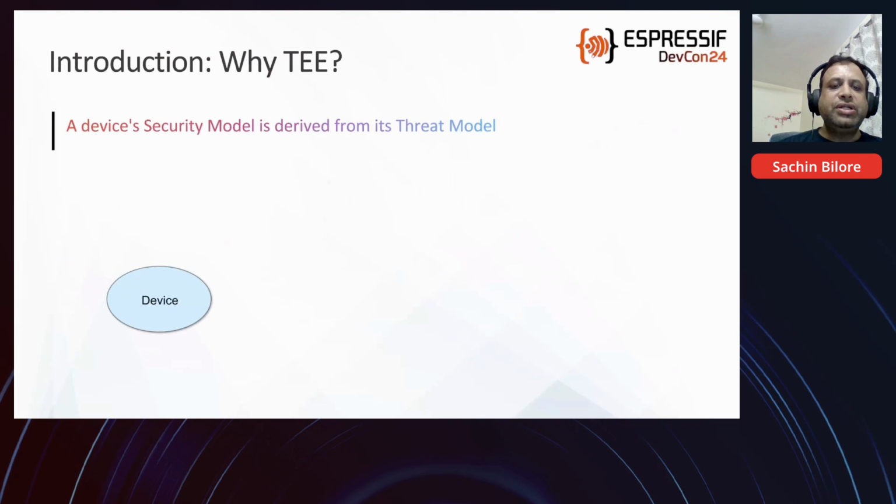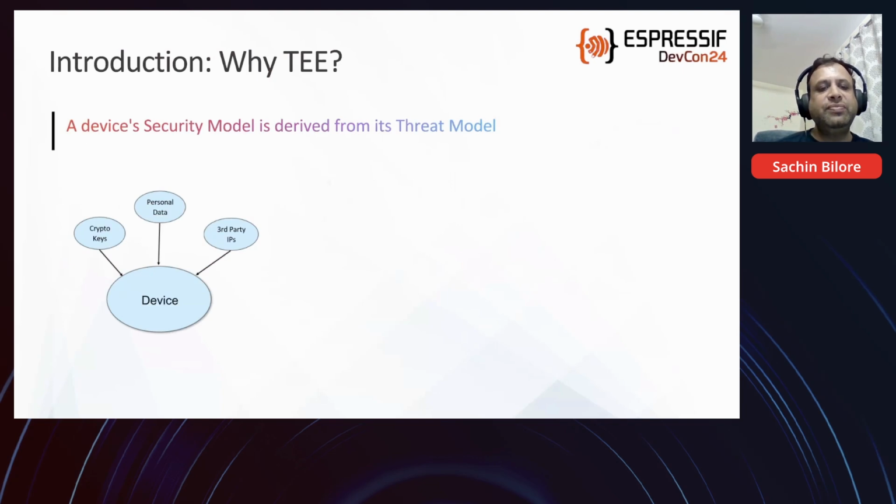So a device generally hosts various kinds of data, which may belong to various stakeholders of the device. Some of these data could be security sensitive and need some confidentiality protection.